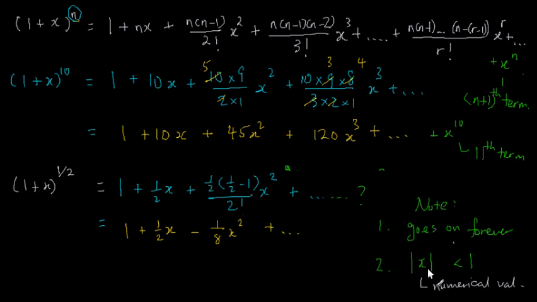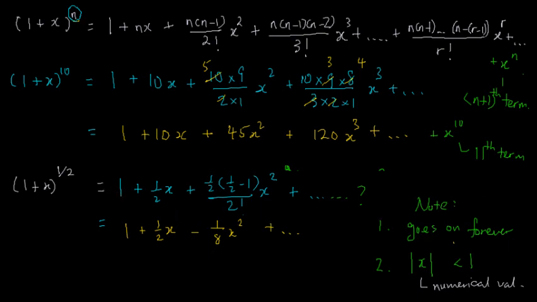For example, if x is half, then x squared is 1/4, x cubed is 1/8. So you can imagine that the terms just get smaller and smaller. So when you keep adding more and more terms, it is just possible that the answer does not keep getting bigger and bigger. We'll see more of this in a later video.